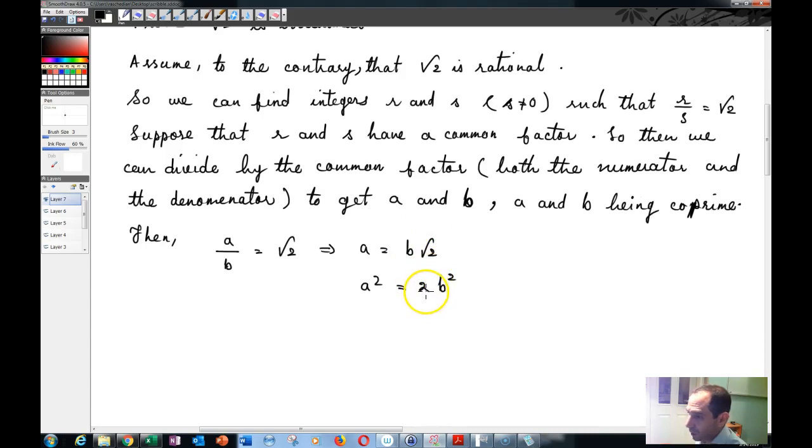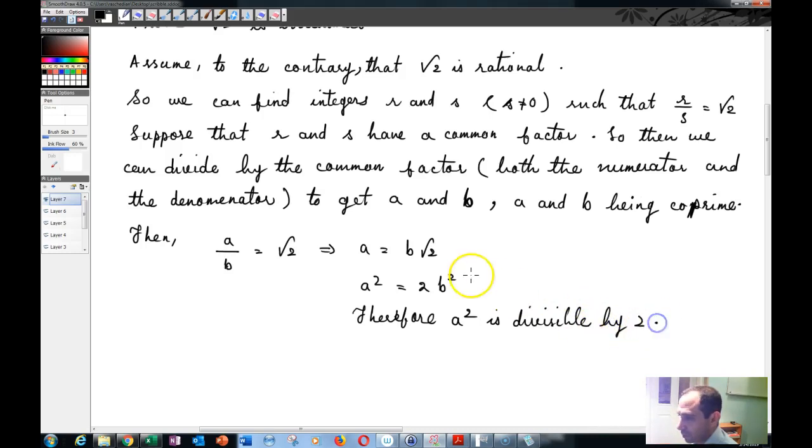a squared is equal to 2b squared. Therefore, 2 is a factor of a squared, or a squared is divisible by 2, because as you can see, a squared has basically 2 factors here as far as we know.